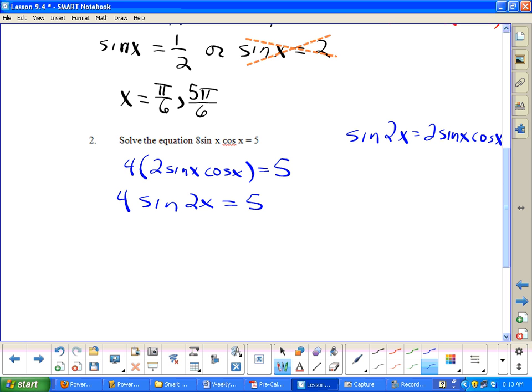And what should I do now? No, we can't distribute. We're not going to subtract the 5. We want to get the sine part by itself. We're solving this equation, so we need to divide by 4.